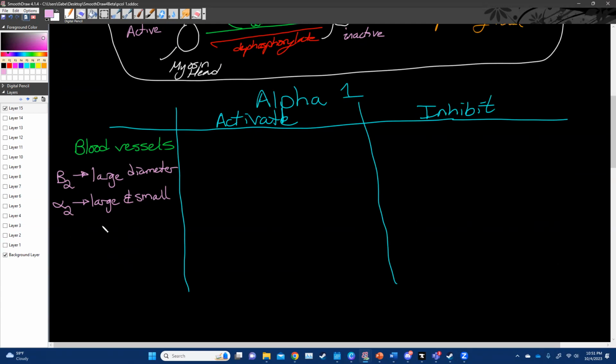So what that means is that we have much more control over blood pressure using an alpha agonist than we do using a beta 2 agonist, right? Because both of these are GQ linked and going to cause contraction. So if you activate alpha 1, you are going to cause vasoconstriction. If you inhibit alpha 1, you cause vasodilation.